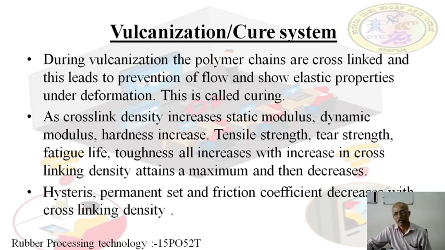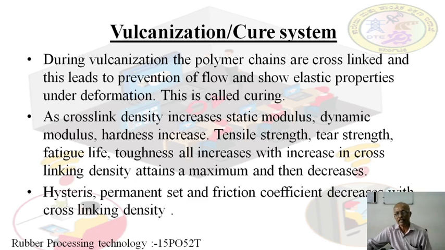Vulcanization, or we call it the cure system. First, during vulcanization the polymer chains are cross-linked, and this leads to prevention of flow and gives elastic properties under deformation. This phenomenon is called curing. Next, as cross-link density increases, static modulus, dynamic modulus and hardness increase.